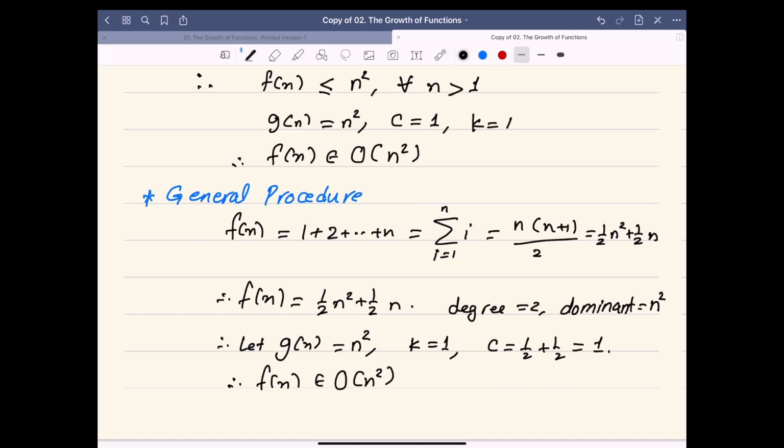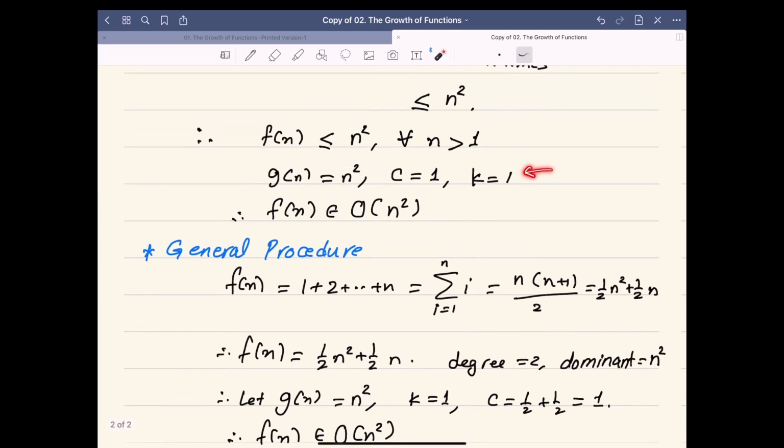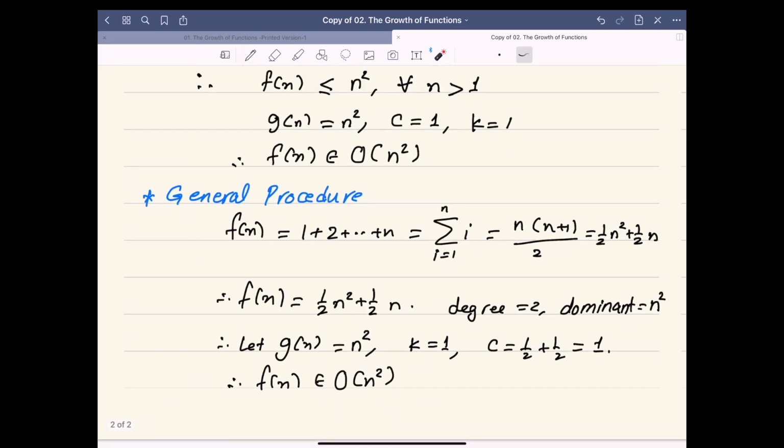Here by coincidence, using the ad hoc calculations and using the general procedure, we have found the same constants. But this is not necessarily the case. Maybe by using ad hoc calculations you get some witnesses, and when you apply the general procedure you get different witnesses. Keep in mind that the general procedure can be used only for polynomials.